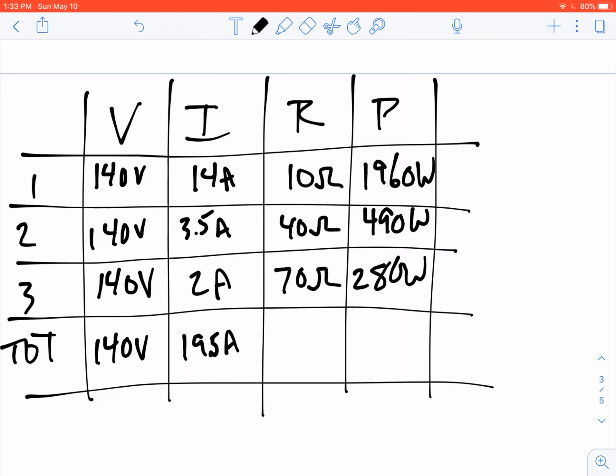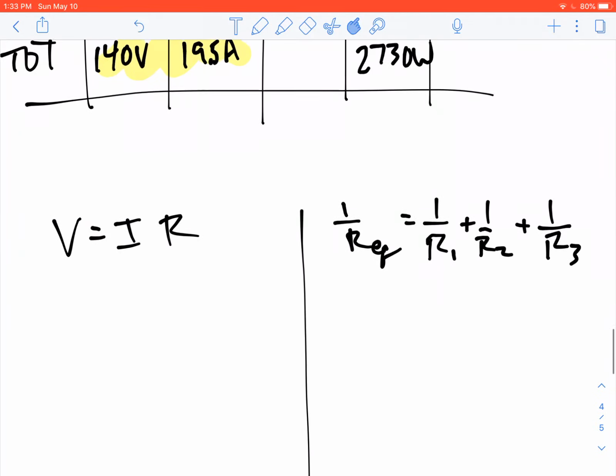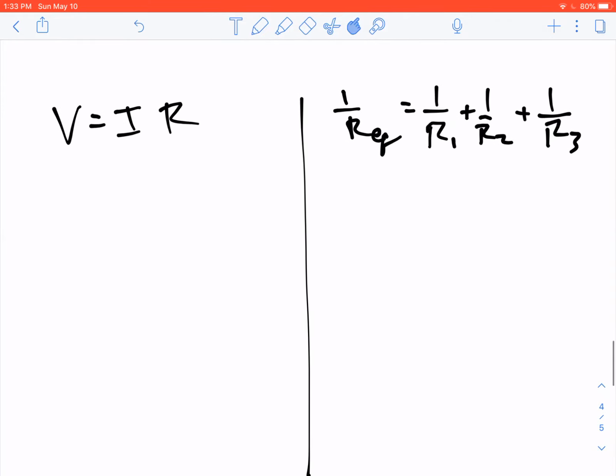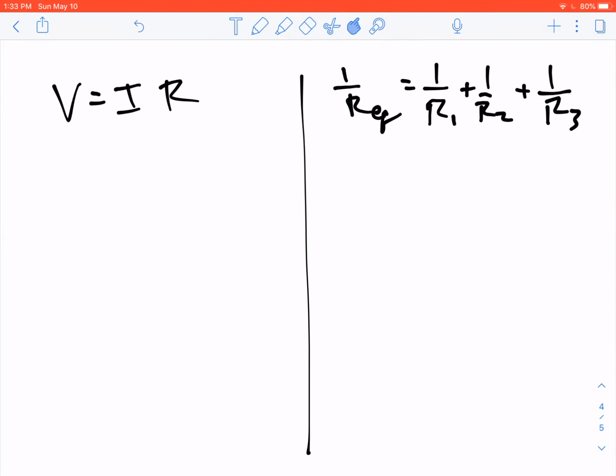And here, to figure out the total power, we can either add these together or multiply these, and we should get the same answer. We get 2730 watts in both cases. All right, now let's look at the equivalent resistance. We've got V equals IR.